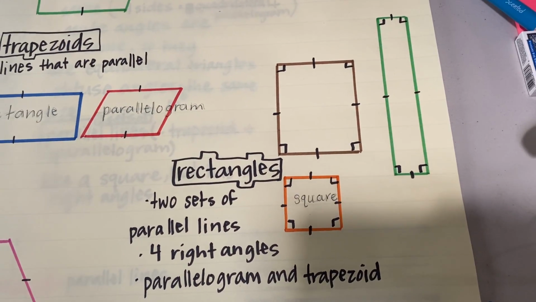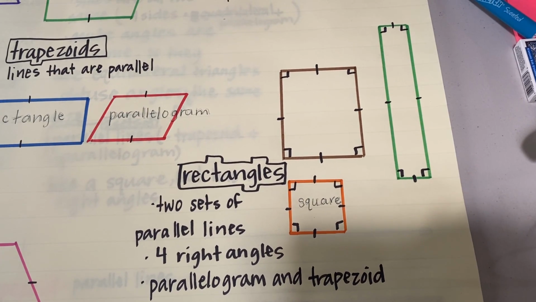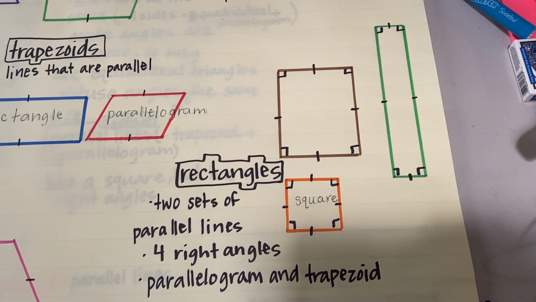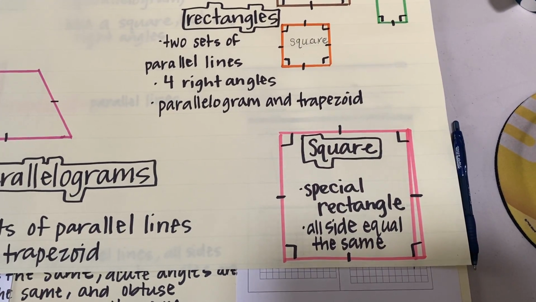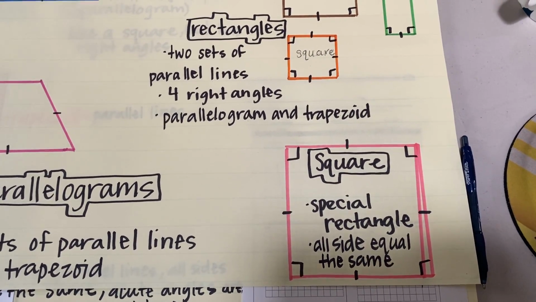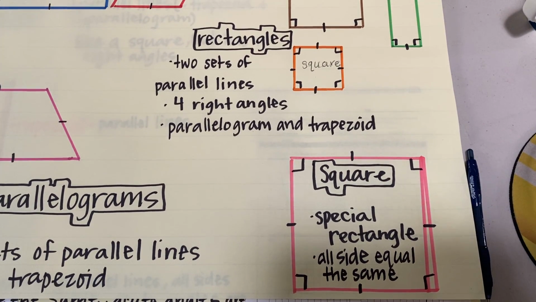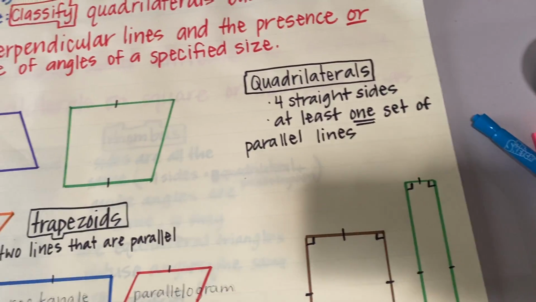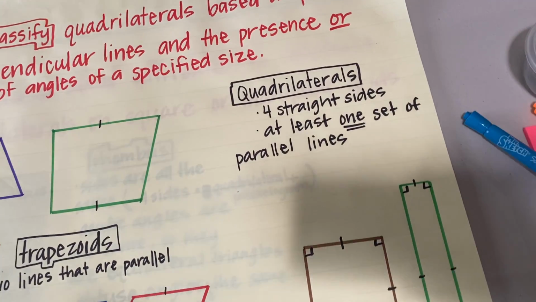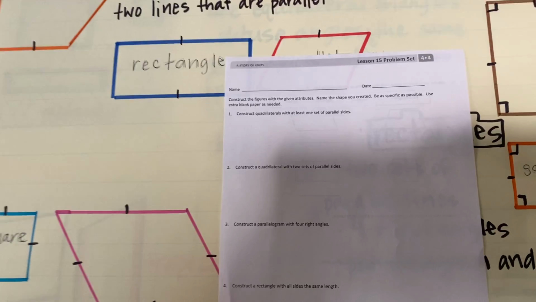Rectangles, two sets of parallel lines, four right angles. These are also parallelograms and trapezoids. And a square is just a special rectangle. That means it's also a parallelogram as well as a trapezoid. These are all quadrilaterals. You're going to be doing your own drawing.